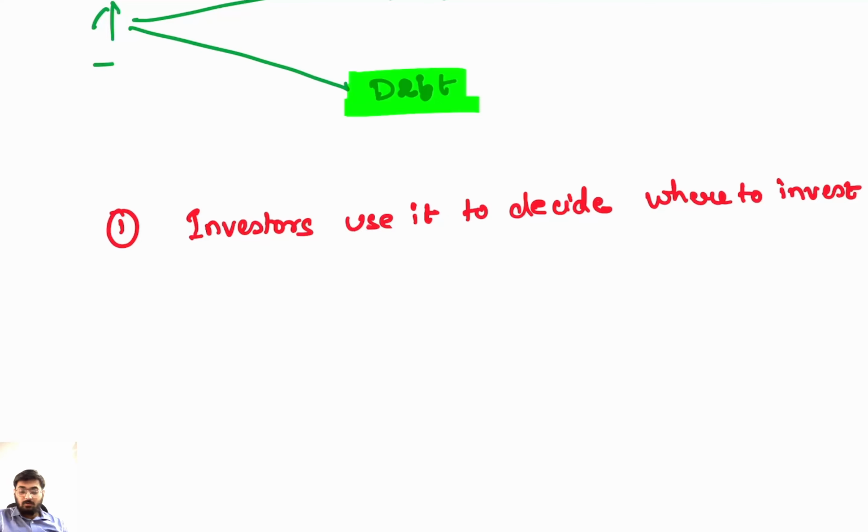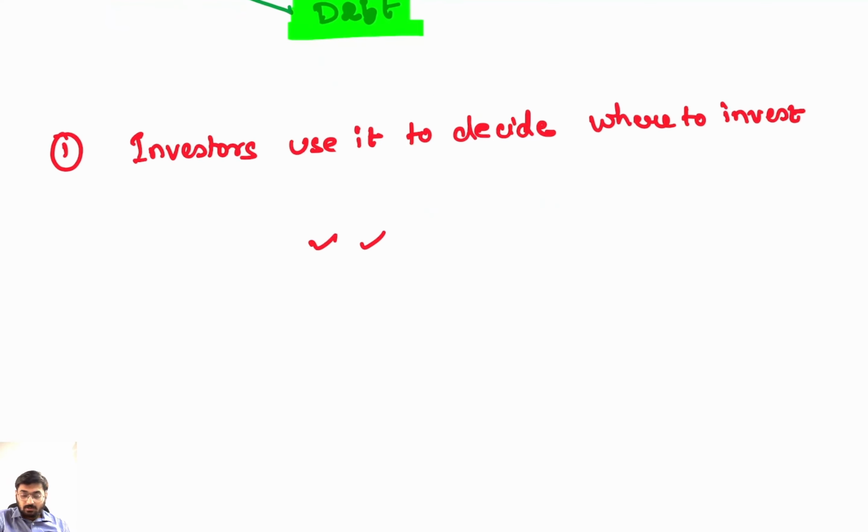Clear? So we know that we have thousands of stocks listed on the exchange, and I have limited money. So where should I invest? In the company which is fundamentally strong and has the possibility of giving higher returns in the future. So for that, I'll do the financial statement analysis. For that, we will do the financial statement modeling.